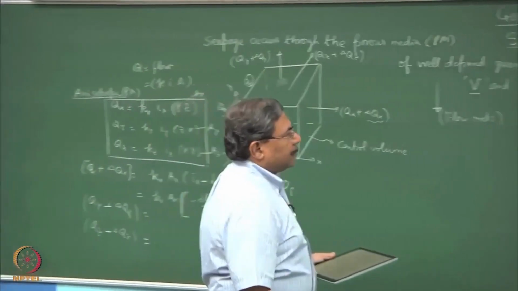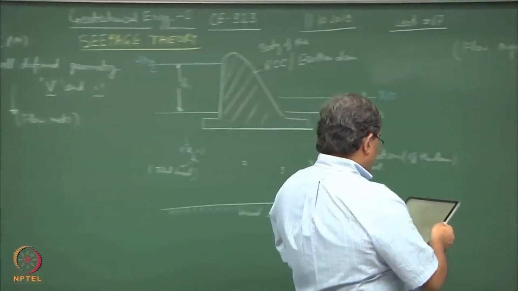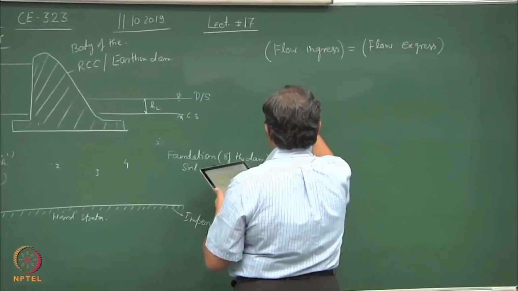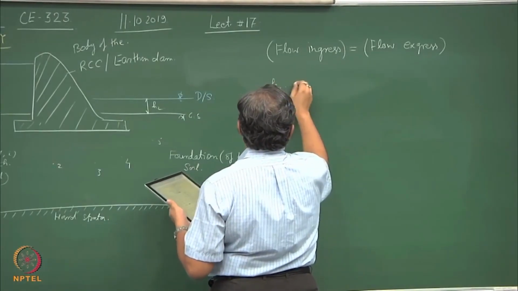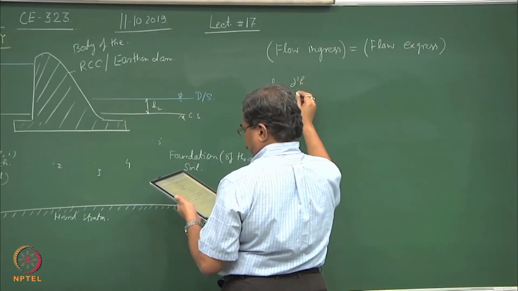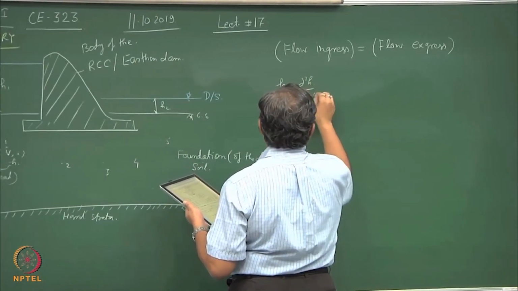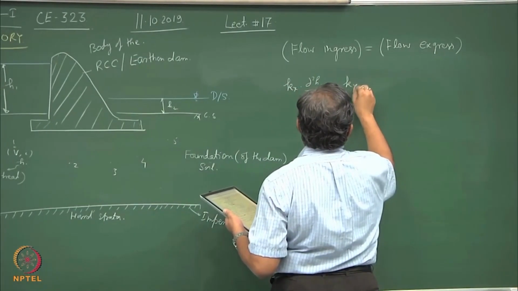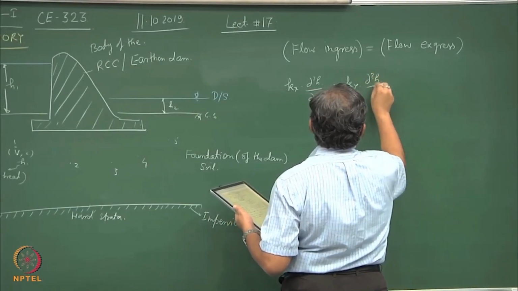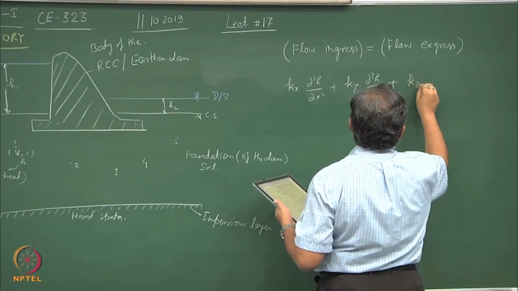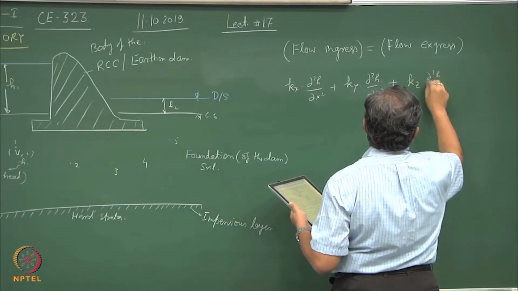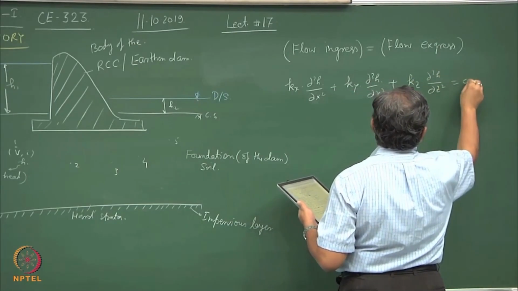So, I can skip some steps to save time, and what I will be getting is k x into del square h upon del x square plus k y del square h upon del y square plus k z del square h upon del z square equal to 0.